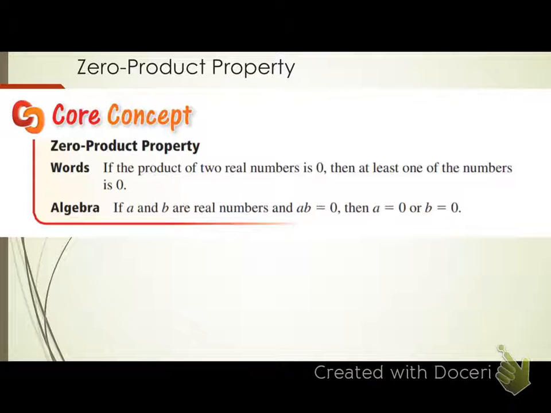I want you to write it down. Two things are being multiplied together and they equal 0. One or both of those things must be 0. That's what the zero product property tells us. Which I feel like makes sense.